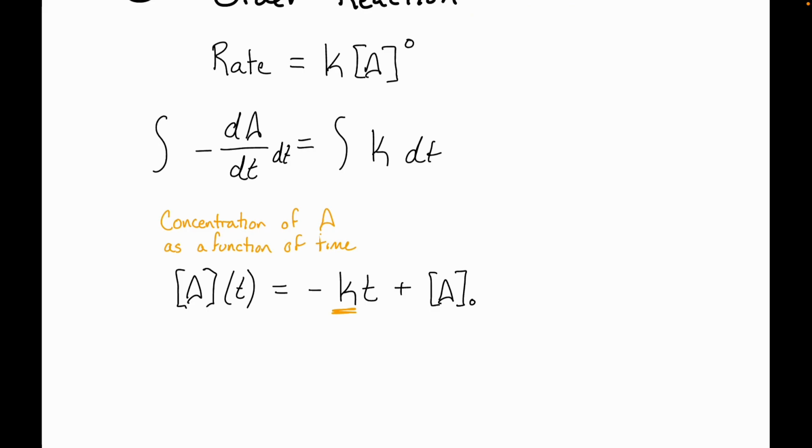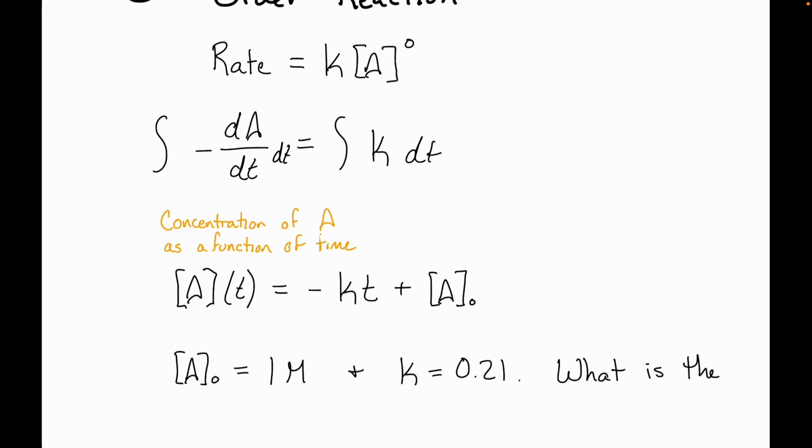Okay, so just for the sake of practice here, let's say that the concentration of A initially is 1 molar, and our rate constant k has a value of, let's use that value that we just solved for, 0.21. What is the concentration of A after 45 seconds?